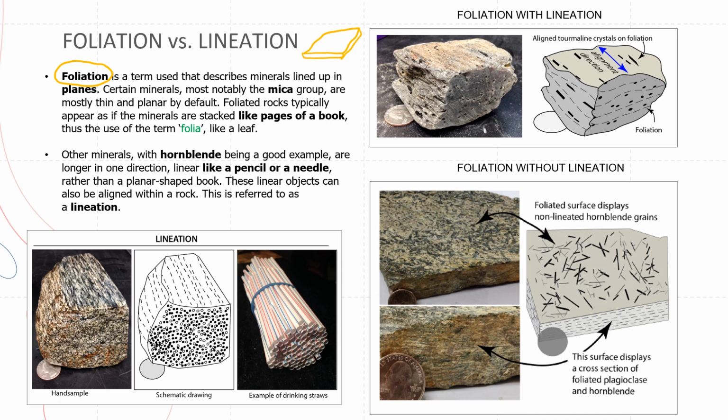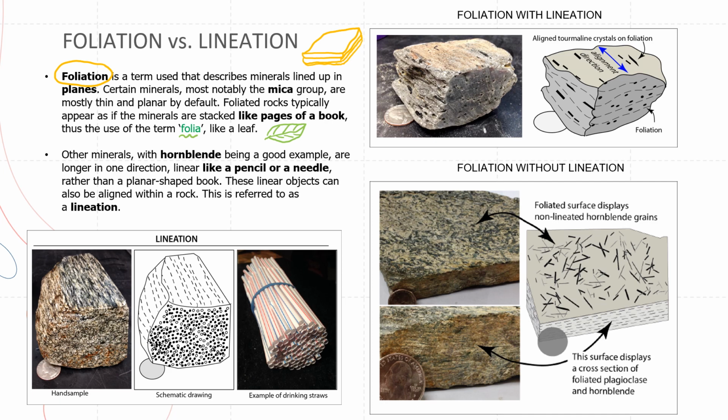Some minerals, especially from the mica group, are mostly thin and planar by default. So in foliated rocks, these minerals appear as if they are stacked, like pages of a book. And this is foliation. The word foliation uses the term folia, like a leaf. So imagine a leaf, imagine some books, those are planes.